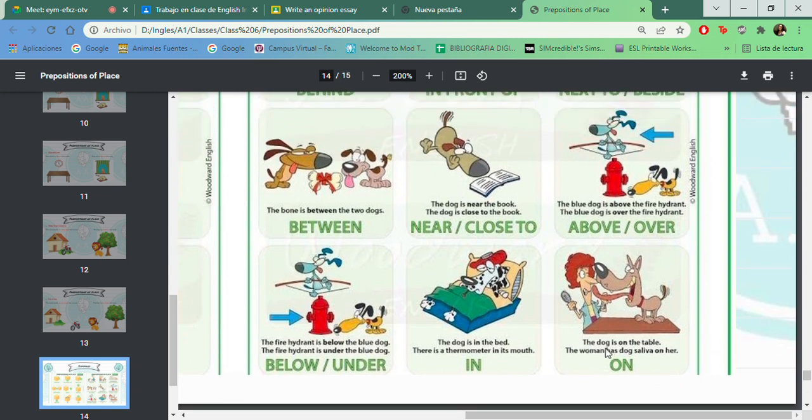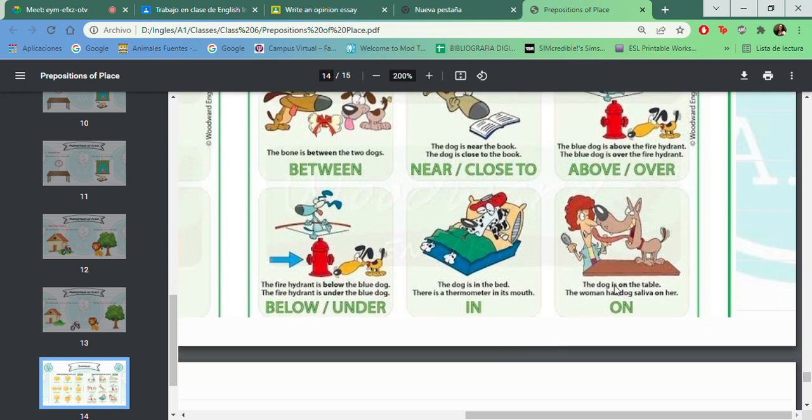Here's the dog. The dog is on the table. The woman has dog saliva on her. Excellent. And as you can see, when it's placed, we use on.